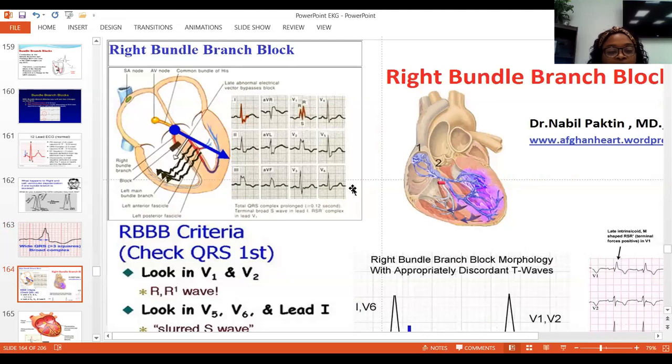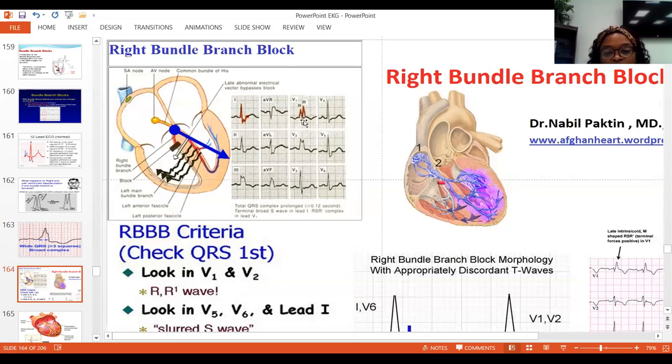Now we're going to go into the characteristics of a right bundle branch block. To determine if you have a right bundle branch block, you're going to look in V1 and V2. Let's look at V1.